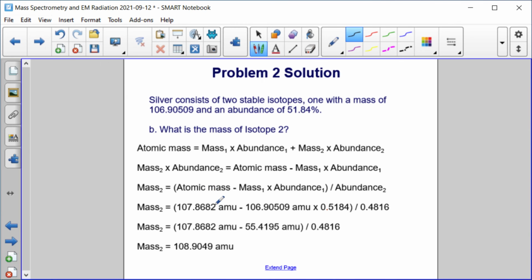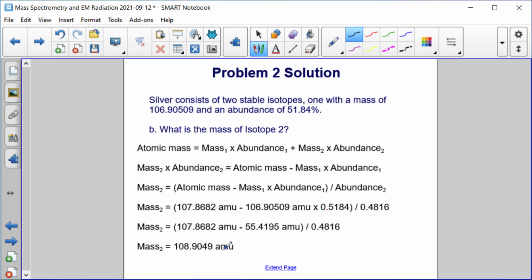Atomic mass is 107.8682 from the periodic table, minus this product, which is the mass of isotope 1, given in the problem as 106.90509, multiplied by its percent abundance, written as a decimal, 0.5184, divided by the abundance of isotope 2, which we found in part A to be 0.4816, written as a decimal.